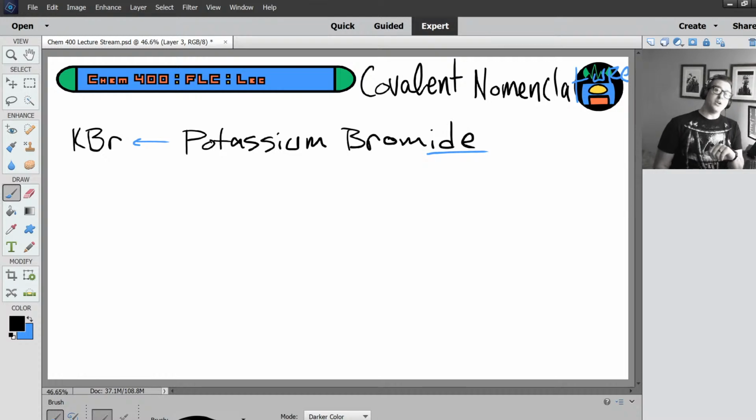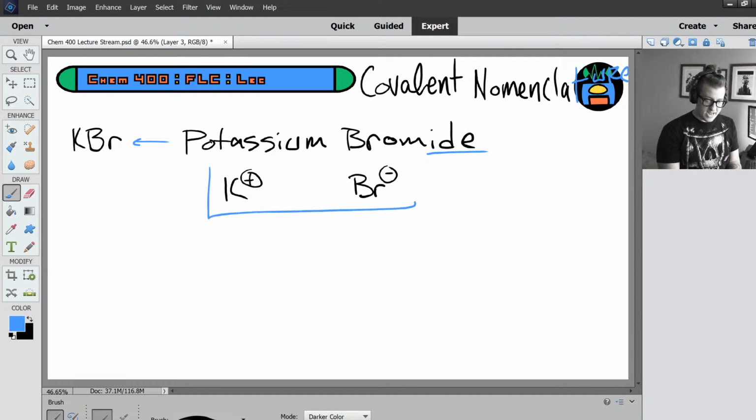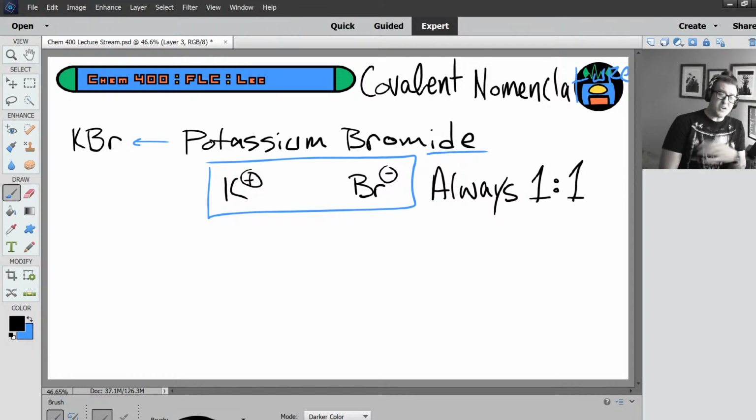The reason we can get away with just saying the cation name followed by the anion name is we know from the periodic table that potassium is always +1 and bromide is always -1. So these 2 ions will always have a 1-to-1 ratio, because their charges are the same. We never need to worry about K2Br. That'll never exist. It'll always be KBr, 1 and 1.